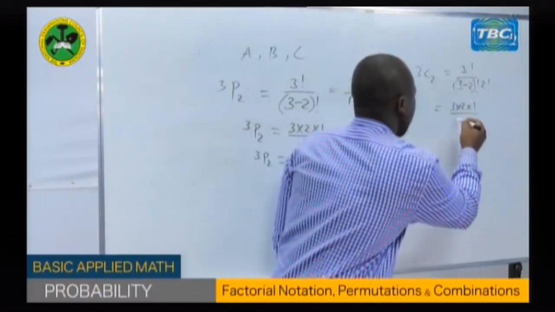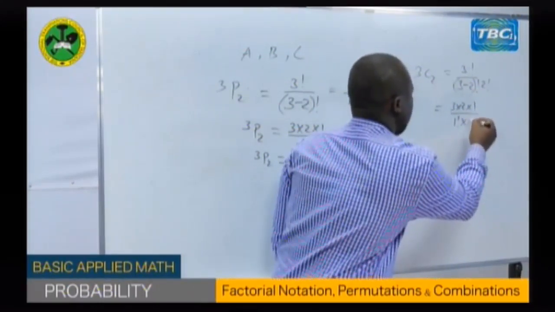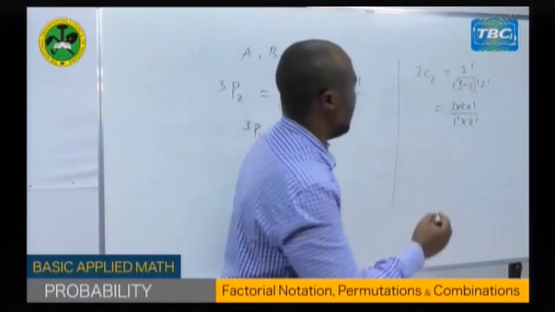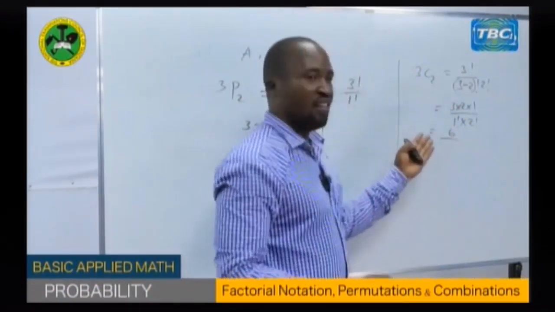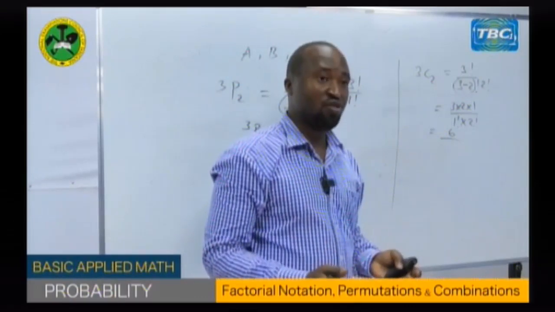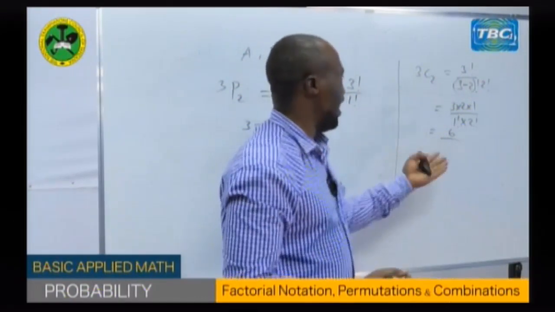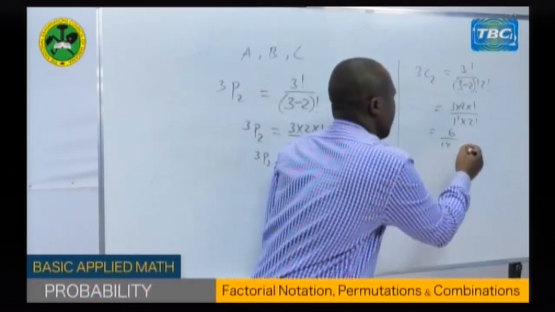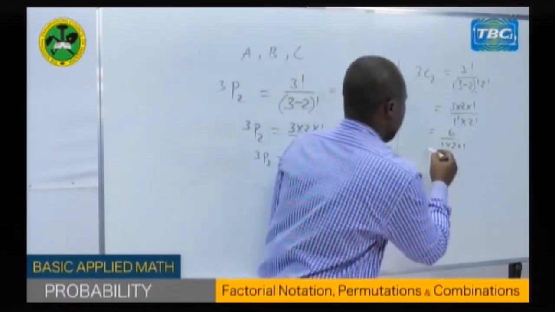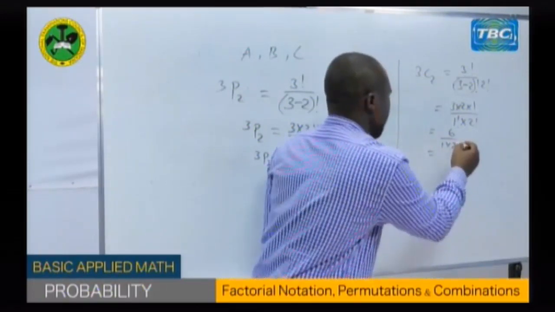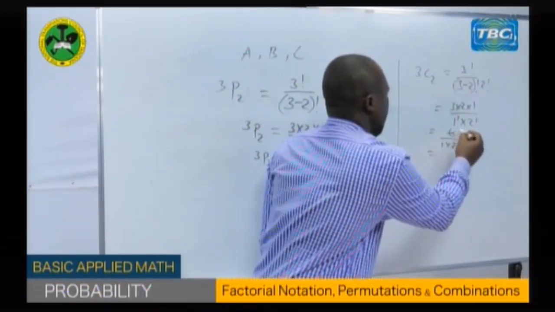You are going to remain with 1 factorial times 2 factorial. Now, that is 6 over, remember I said 1 factorial is equal to 1, and 2 factorial is the same as 2 times 1. So the last answer you can simplify here by saying 2 into 2 is 1, 3 into 1 is 3.